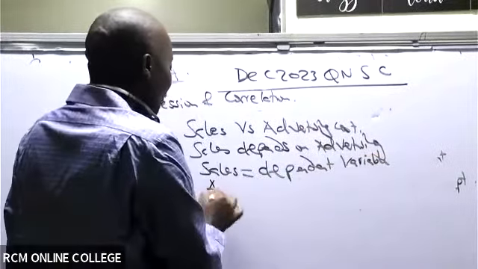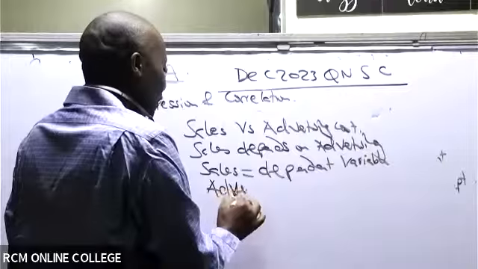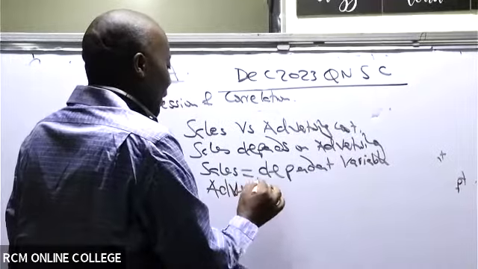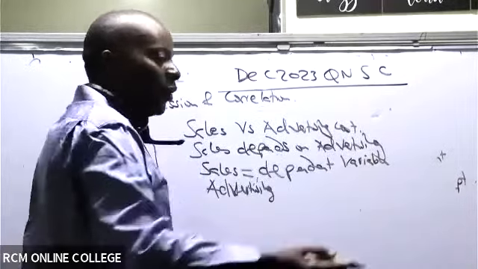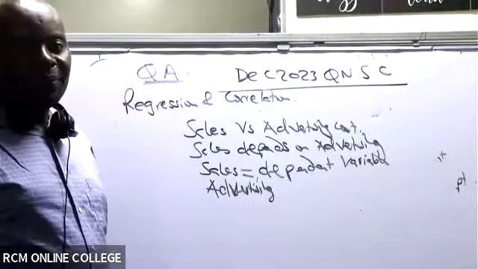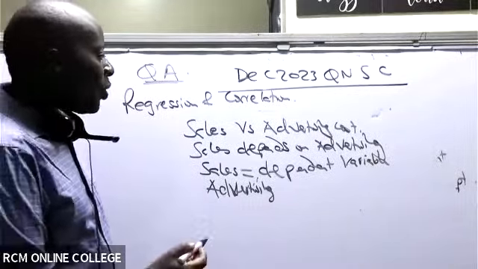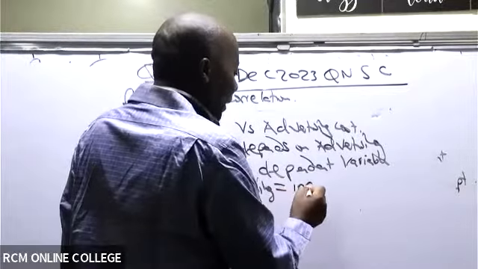And then we have advertising. Advertising will be on the other side of the coin. So in this case, the advertising cost will become independent.